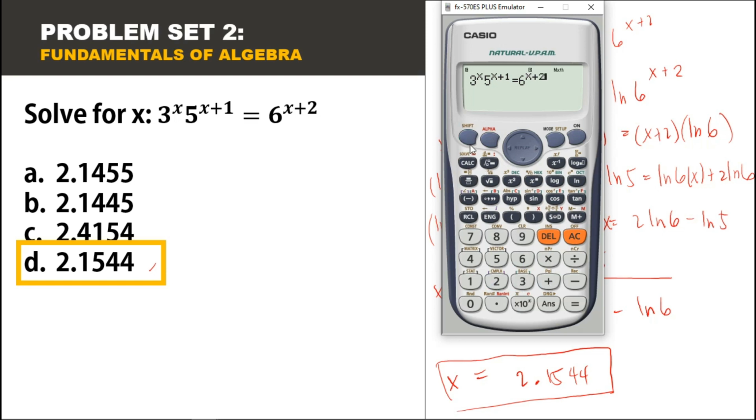Then press shift solve. When using shift solve, don't forget to put a limit. Here, you have a maximum value of 2.4, so it will try only values up to 2.4, and it will be easier for your calculator to solve this. So you have 2.1544.